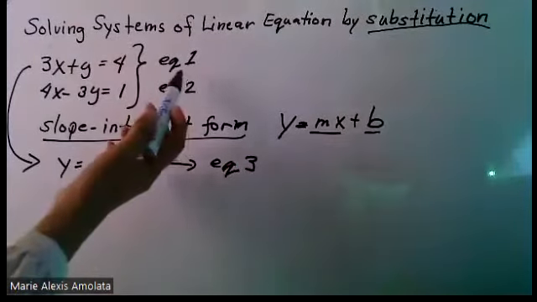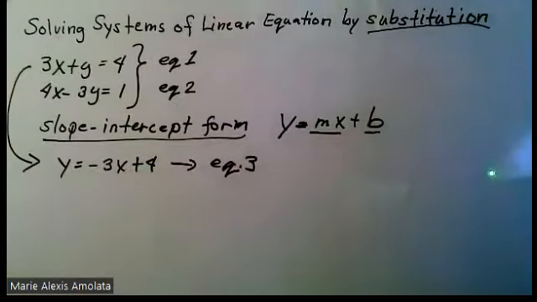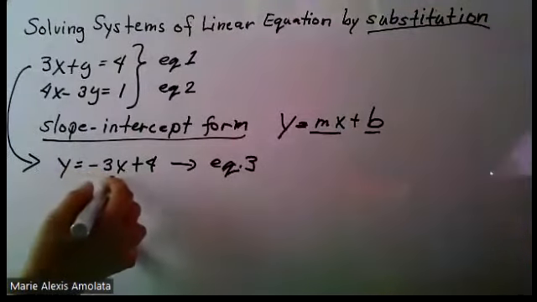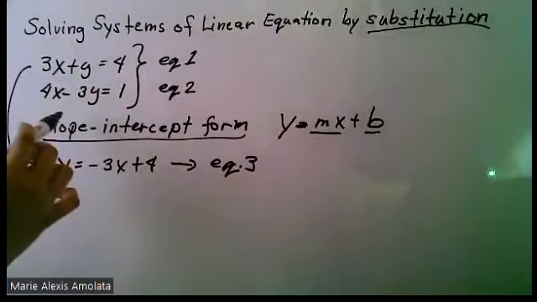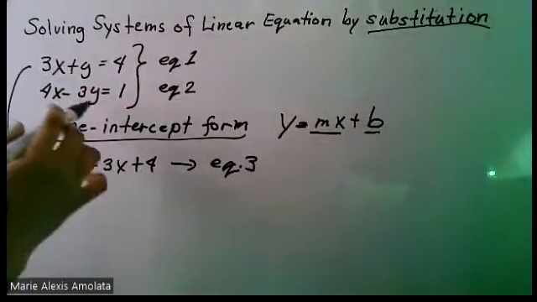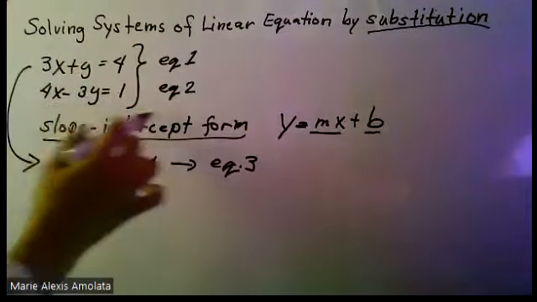Okay? Meron na tayong equation 1, equation 2, and now equation 3. Next is to substitute negative 3x plus 4 sa equation 2. So, i-substitute natin ito sa y na variable dito sa equation 2.